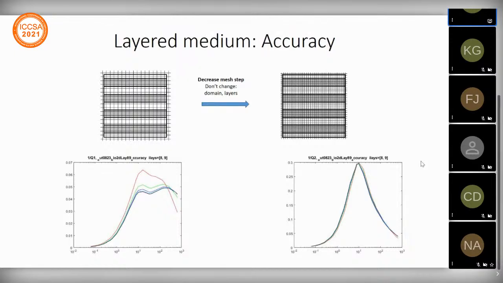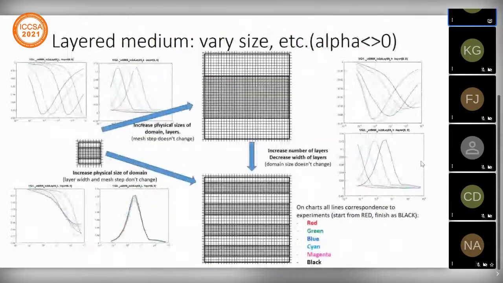We obtained different values of the P-wave attenuation, but it converges to some stationary point when we decrease the grid step.